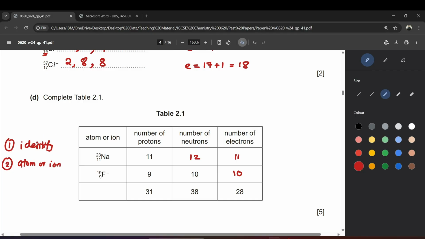How do you recognize which element this is going to be? Remember, the number of protons is just like a unique ID of every person, like how every person has a unique identification number. Similarly, every element has a unique proton number. That is how you identify it. So for this particular element, it is 31. So let's go to the periodic table.